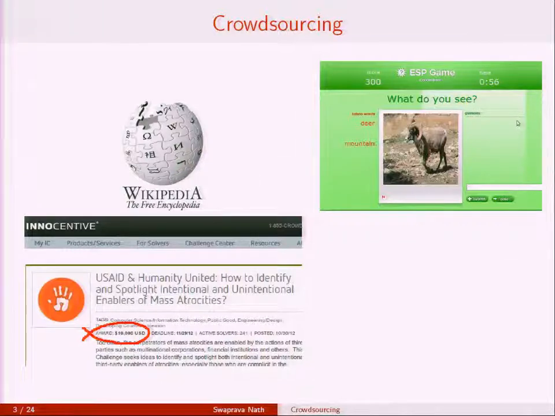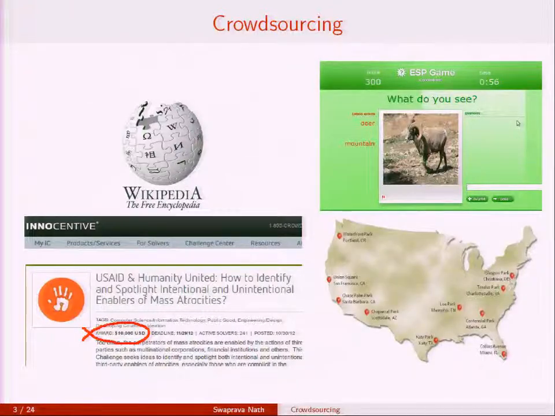That is a mechanism with money. That is also crowdsourcing, because these organizations might not be able to get so many human resources, or may not have the expertise to solve this kind of problem. So they outsource, essentially crowdsource, and get the job done.